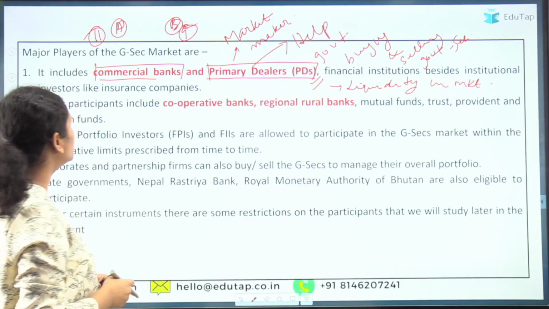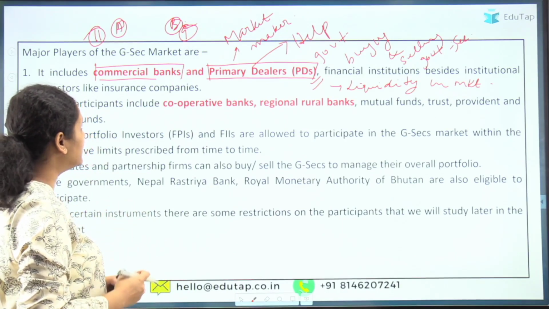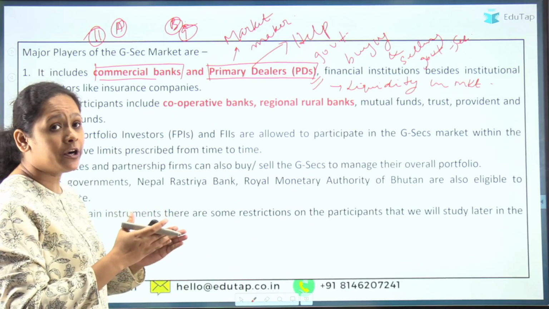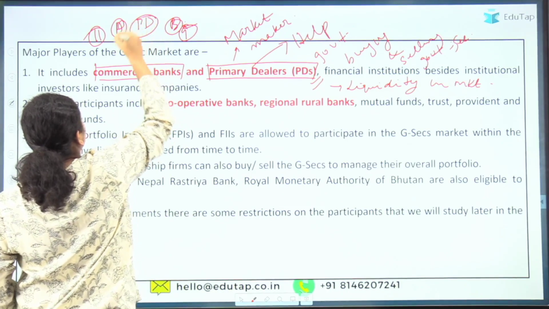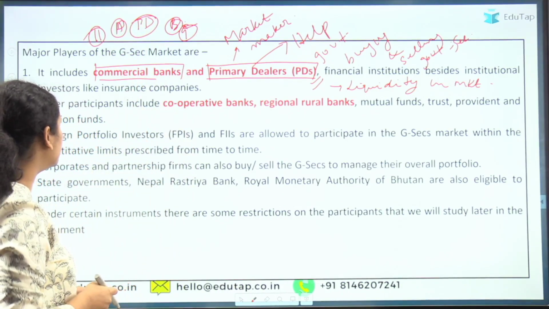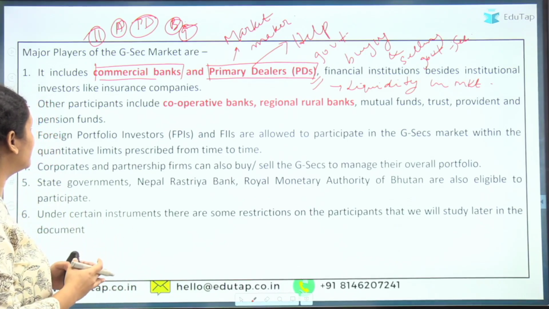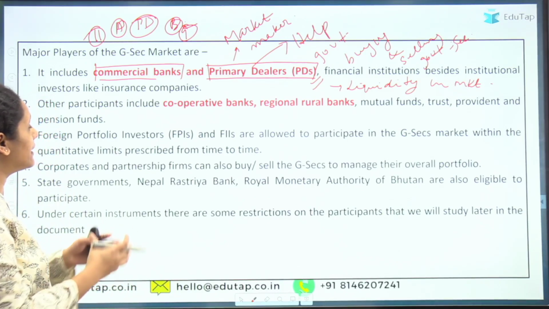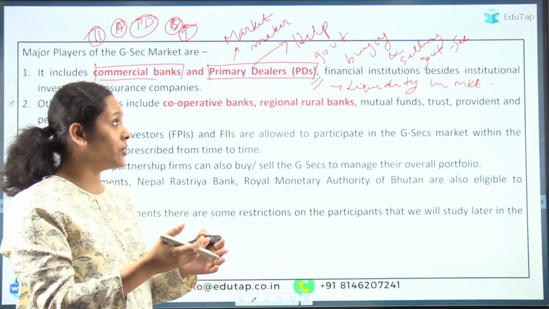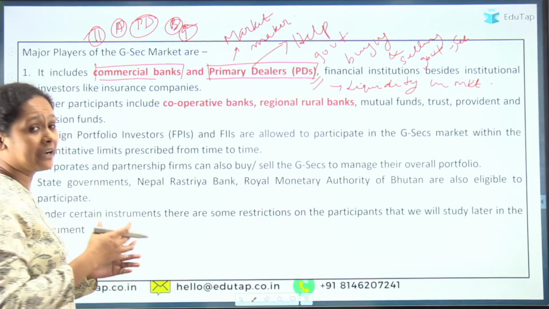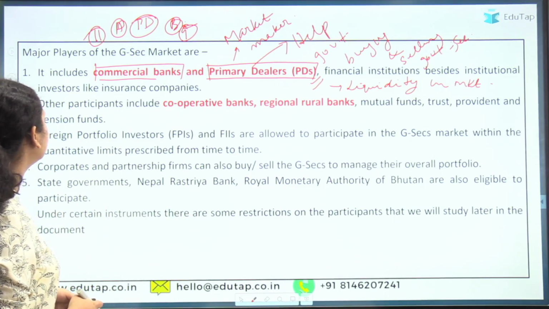This issue can create a liquidity crunch in the market. So, in order to avoid this, primary dealers are present in between. They provide an ask price and a bid price to the buyer and seller, which would create availability of shares for them, and the market would be liquid. This is what primary dealers are.